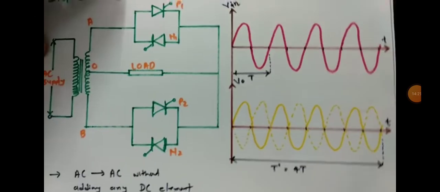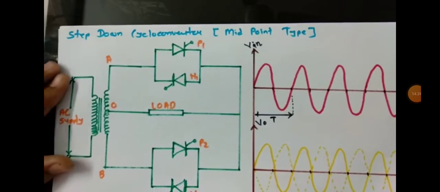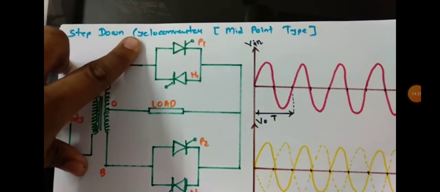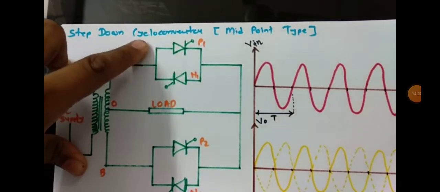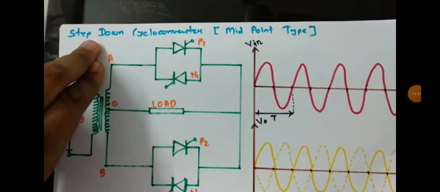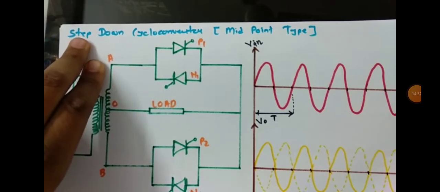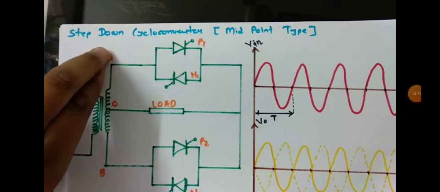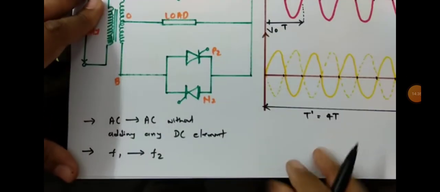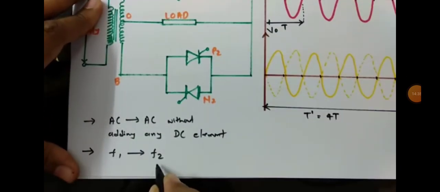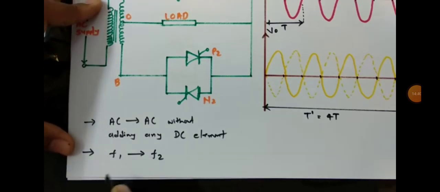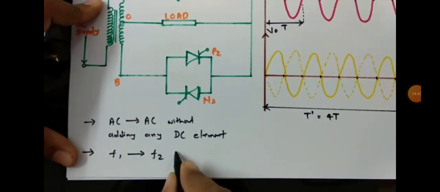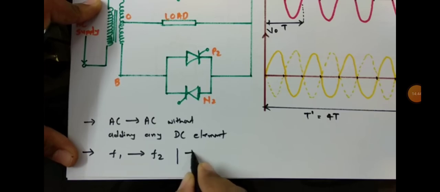Now here we are using a step down cycloconverter. Step down cycloconverter means the output frequency will be lower than the input frequency.